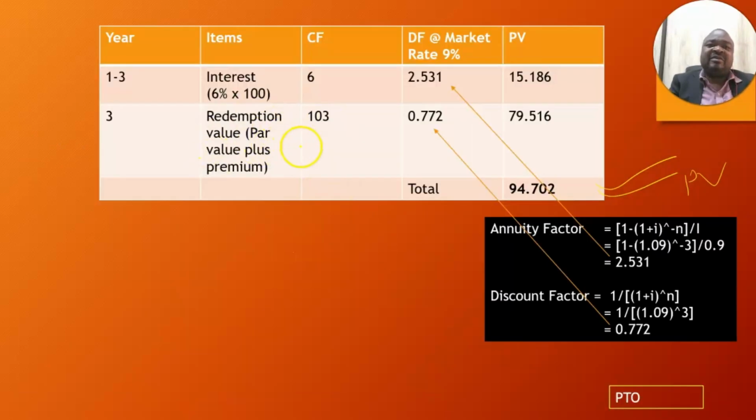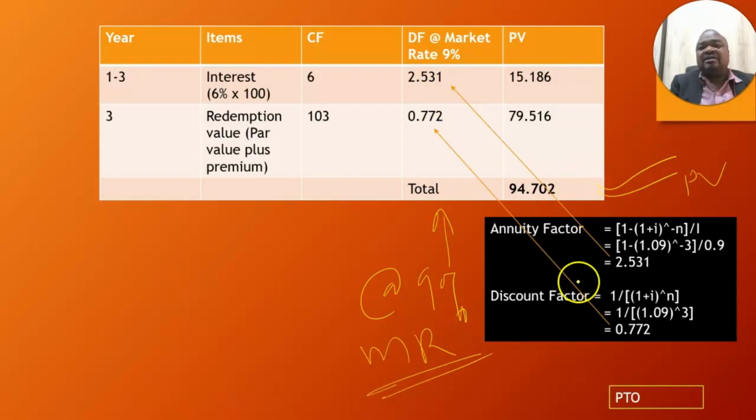Then the redemption value, remember, we are redeeming at a $3 premium, so it comes to 103. And these are the discount factors at 9%, which are the annuity factors. You need to be able to compute the annuity factors. All right. Sometimes the examiners might expect you to come up with the computation of annuity factors and discount factors.